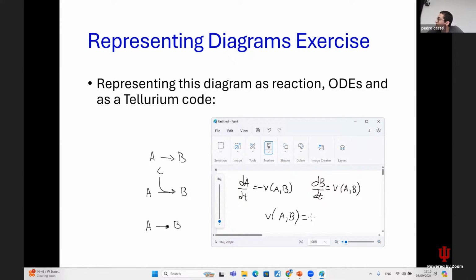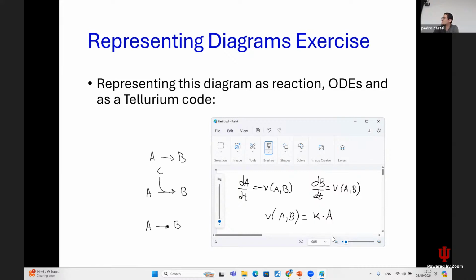So your rate is wrong. Your rate, assuming mass action, would be K times A. Because you are not reacting A with B. You simply have A converting to B. So the more A you have, the more A you lose. You don't need a B, you know?